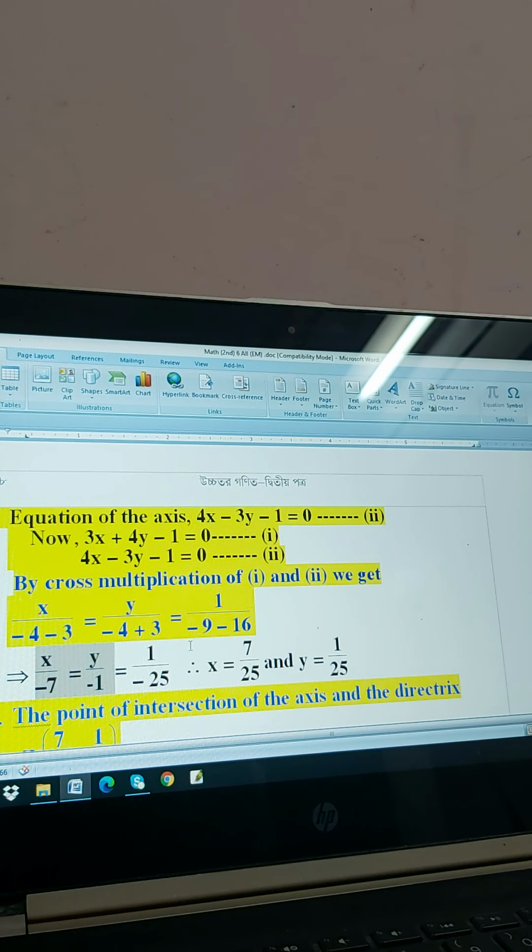After simplification, minus 4 plus 3, that is minus 1. So x is equal to 7 by 25, and y equal to 1 by 25.